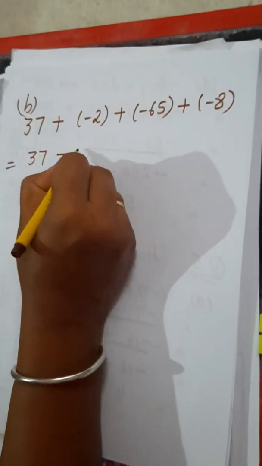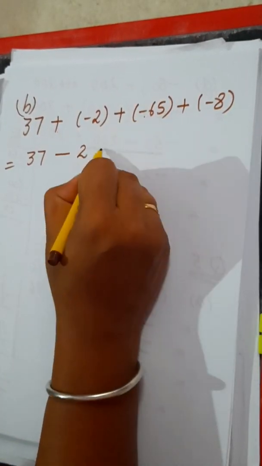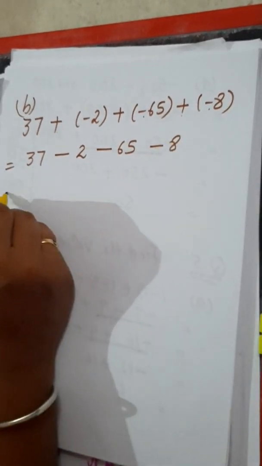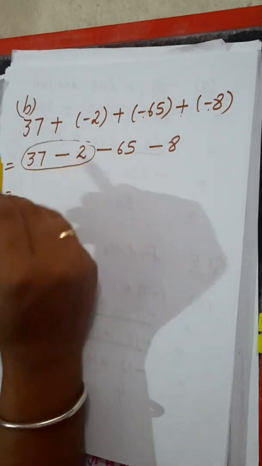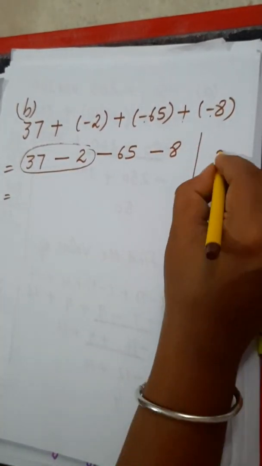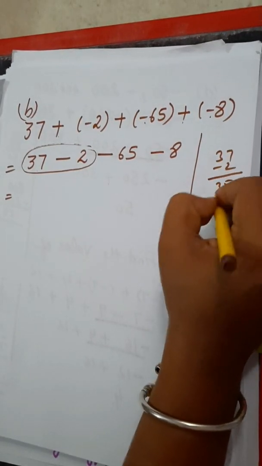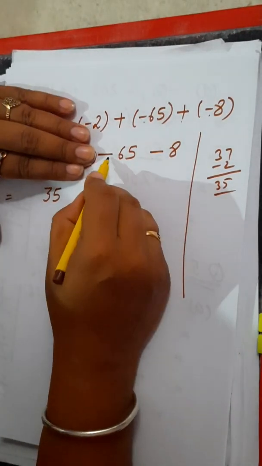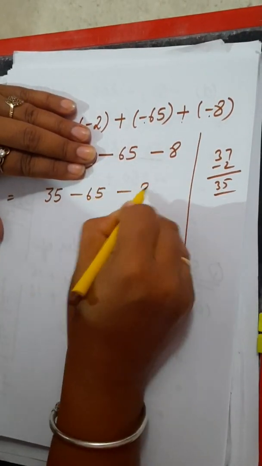Plus minus, minus, plus minus, minus, plus minus, minus. So I will solve these two values first. Here this is simple, 37 minus 2. I will get 35. 35 as it is. So I copy down these values in the next step.